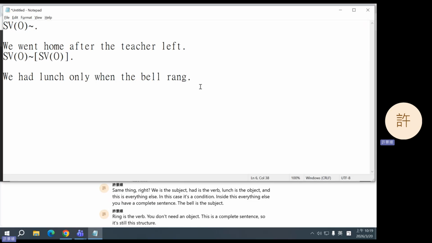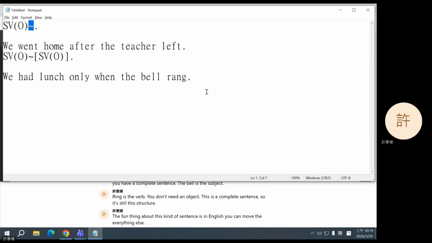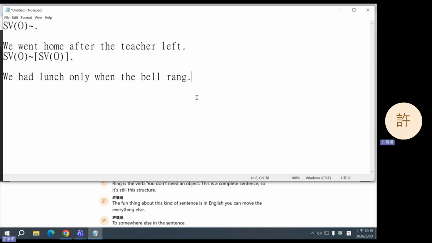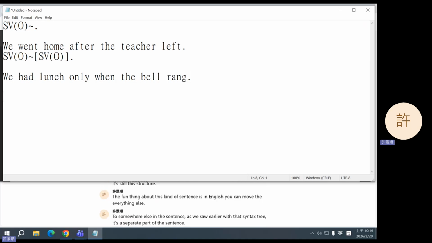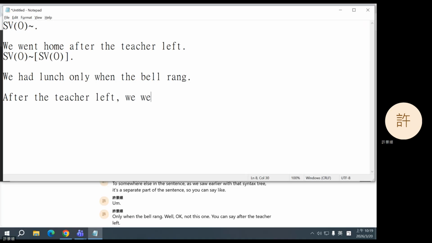The fun thing about this kind of sentence is in English, you can move the everything else to somewhere else in the sentence. As we saw earlier with that syntax tree, it's a separate part of the sentence. So you can say, after the teacher left, we went home.